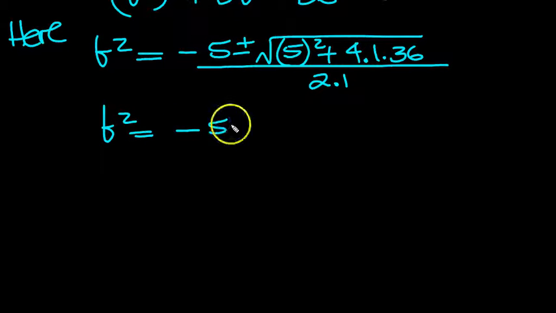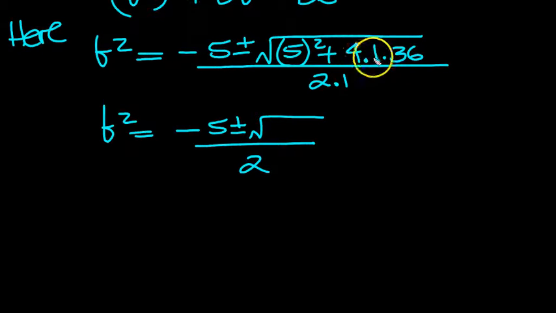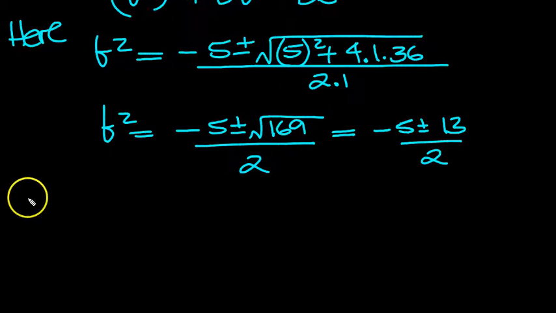It's minus 5 plus or minus the square root of 36 times 4. 4 30s are 120, 4 6s are 24, that's 144, plus 25, 5 squared is 25. 144 plus 25 is 169. And that's 13, isn't it? So we've got minus 5 plus or minus 13 over 2.